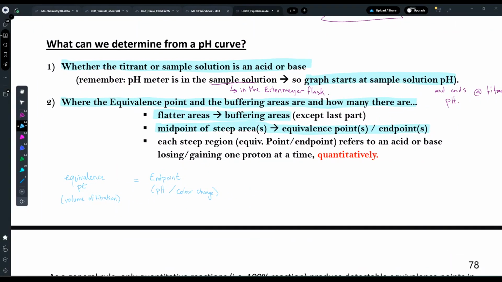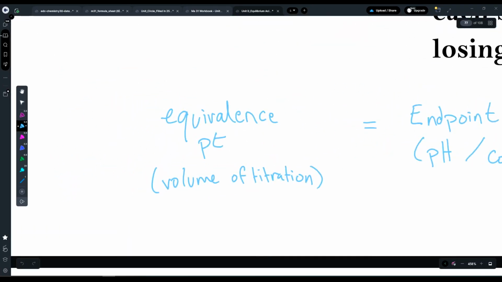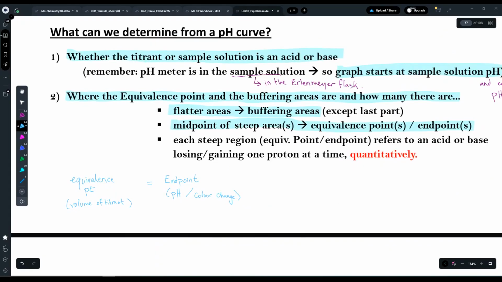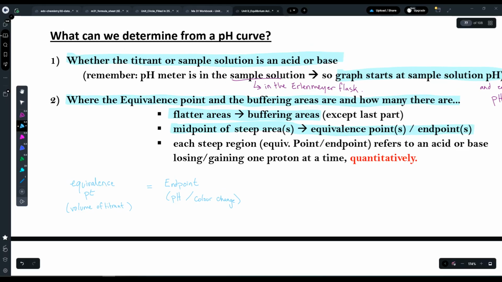All right, so each steep region, we could call it the equivalence point or the endpoint, just depending on whether we are referring to the volume of titrant used, or the endpoint, which refers more so to pH or the color change of the indicator.